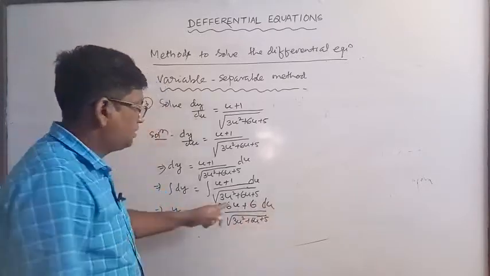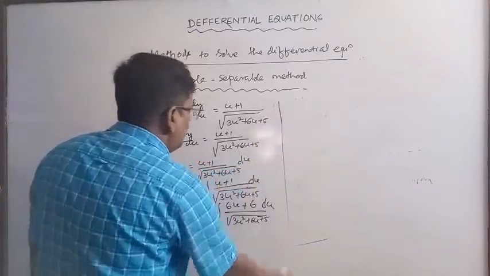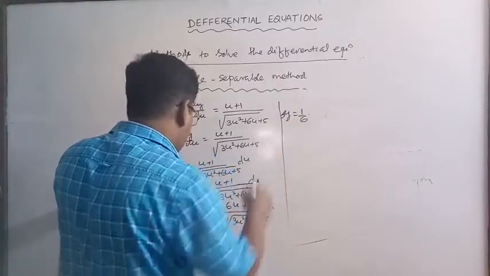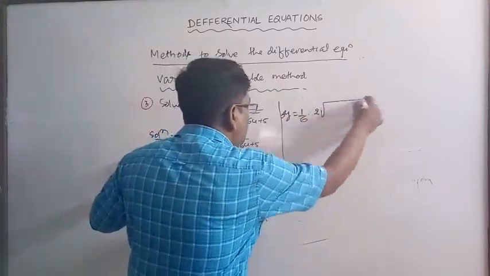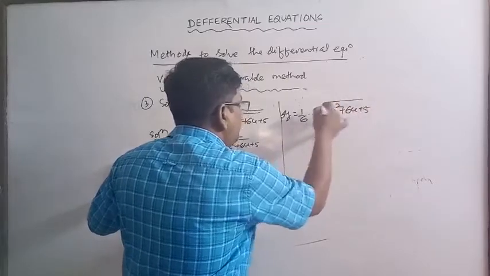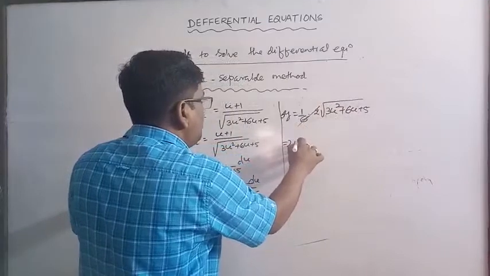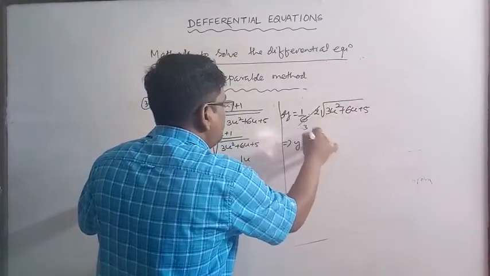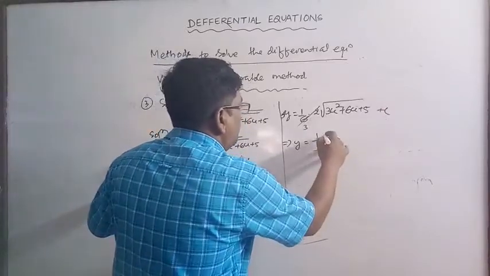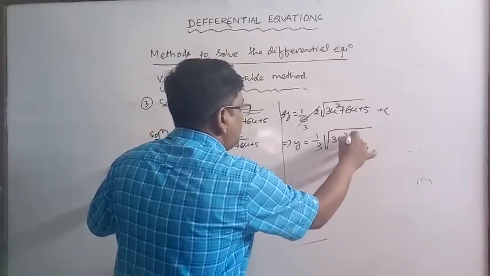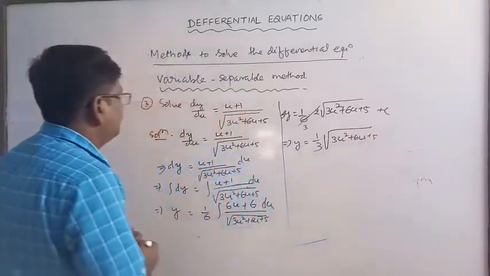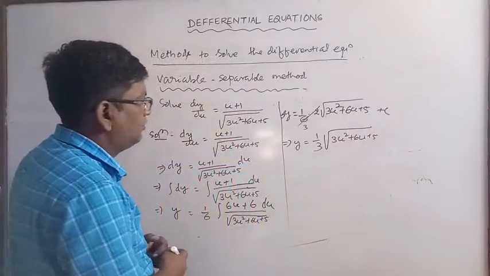This is of the form f dash by root of f. So y is equal to 1 by 6 into 2 into root over 3u square plus 6u plus 5. The 2 and 6 cancel, so y is equal to 1 by 3 root over 3u square plus 6u plus 5, plus c.